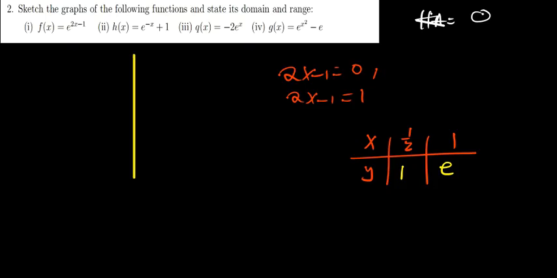The reason why I want you to know the value of e is how you are going to replace the values of y. Which number is bigger between 1 and e? It's basically e. Okay, so then the horizontal asymptote is at 0. I'll cut the line here.